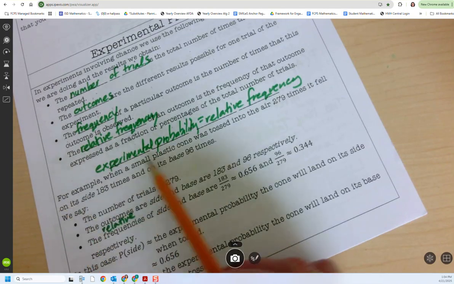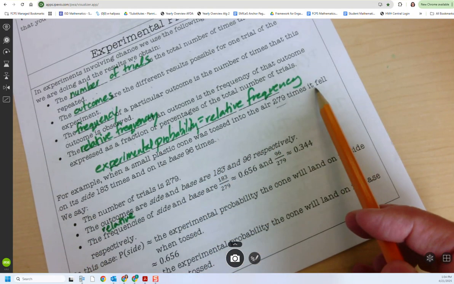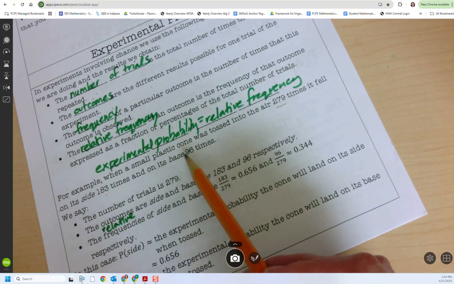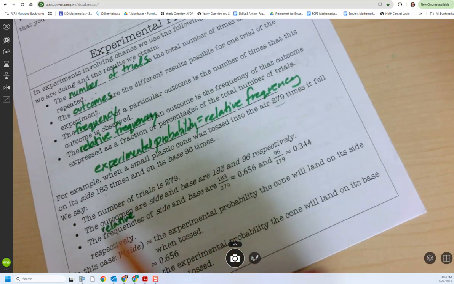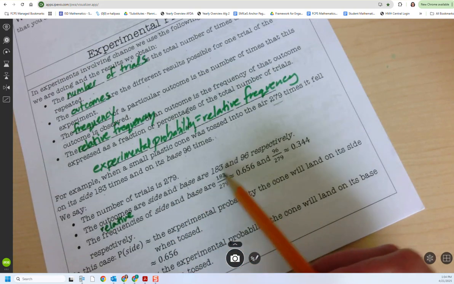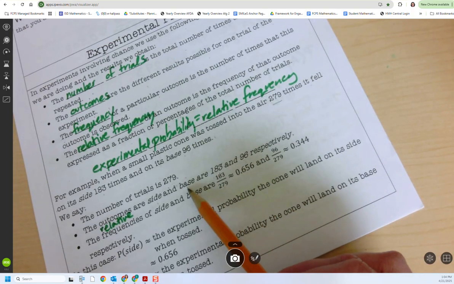Here's another example. A small plastic cone was tossed into the air 279 times, and it fell on its side 183 times, and on its base 96 times. So there are 279 trials. The outcomes that are possible are just side and base, and 183 is the frequency of side, and 96 is the frequency of base.